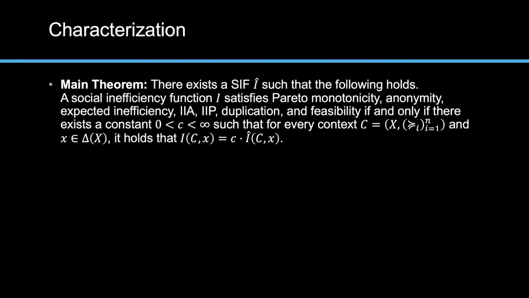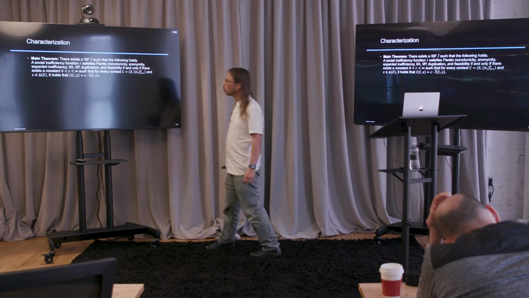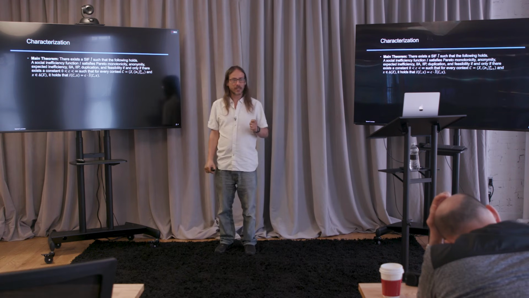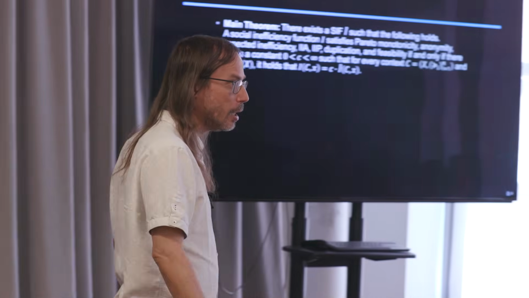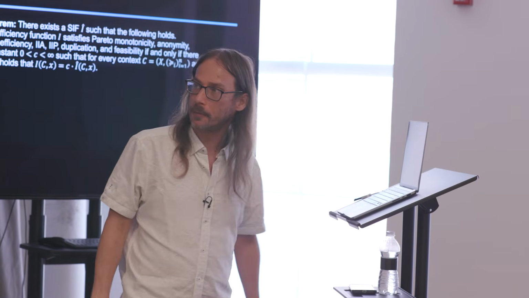So this means that our 7 axioms uniquely characterize a social inefficiency function up to a single multiplicative constant across all contexts at the same time. If you multiply in one context, you should multiply in all contexts. So you can still compare ratios of inefficiencies across different contexts.